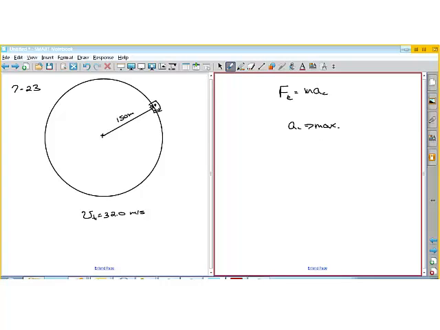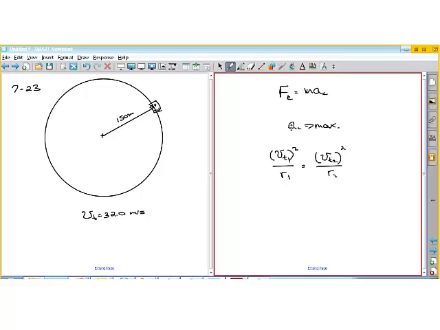So we have the tangential velocity squared for case 1 divided by the radius for case 1, which is the centripetal acceleration, and then the second case, v squared over r.